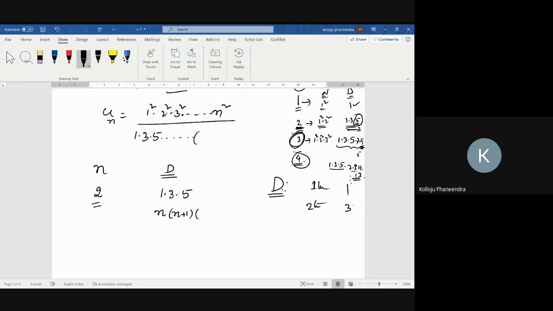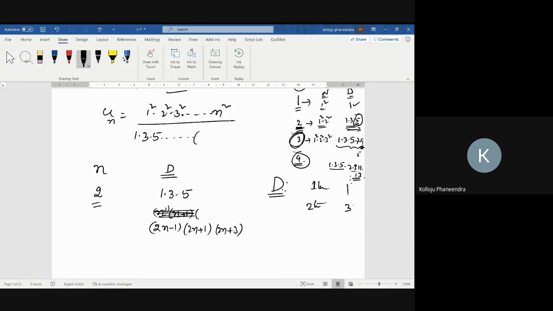When n equal to 2, I need to get a product of 3 terms. So 2n minus 1 for n equal to 1, correct? Next 2n plus 1, next 2n plus 3. Is it correct when n equal to 2?